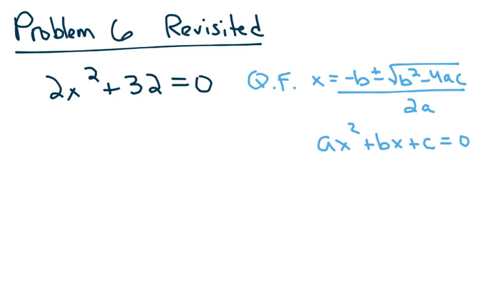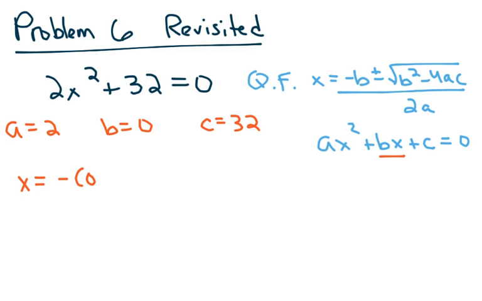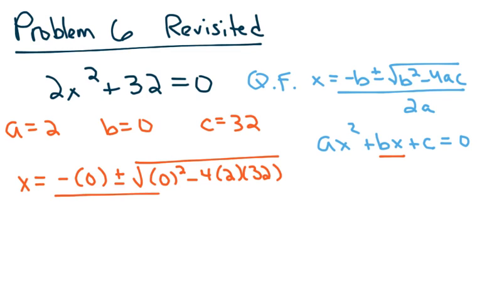So in this particular equation, a is equal to 2, c is equal to 32, but there's no b because there's no term with an x. So b must be 0. In order to use the quadratic formula, x is equal to negative b, I put it in parentheses, plus or minus the square root of b squared minus 4ac all over 2a.